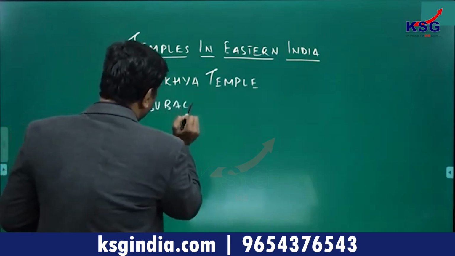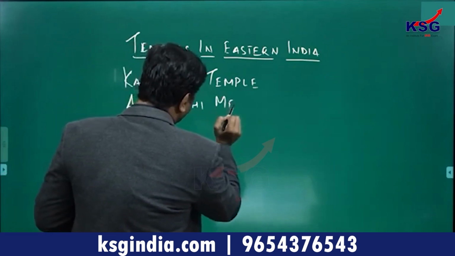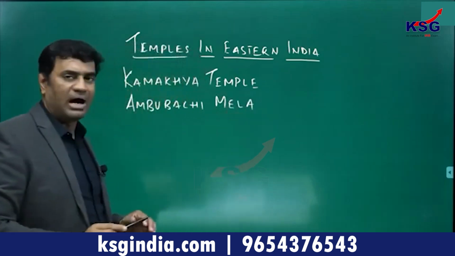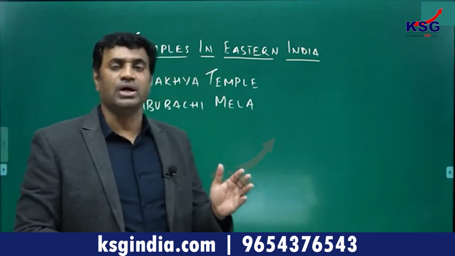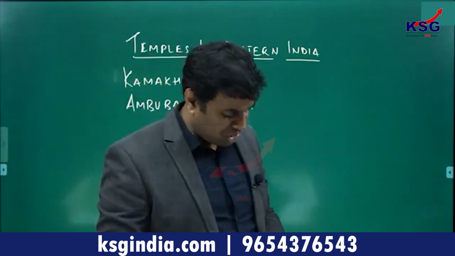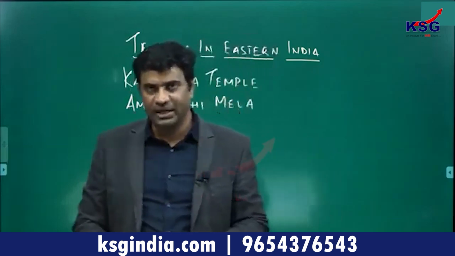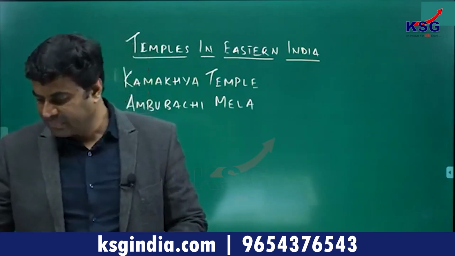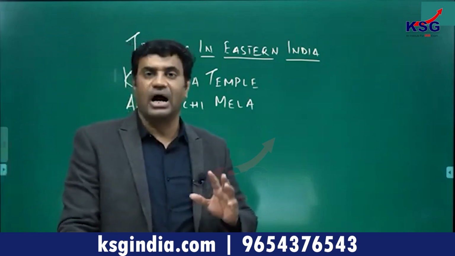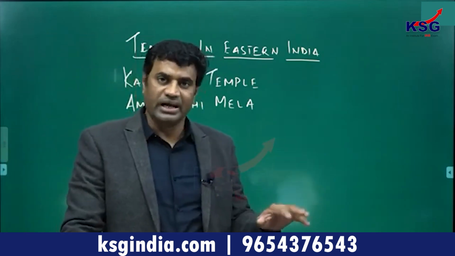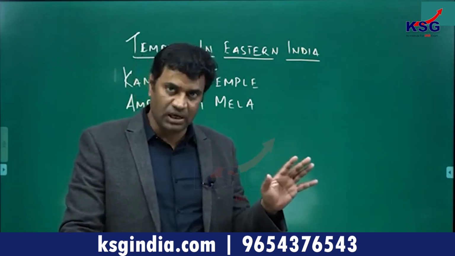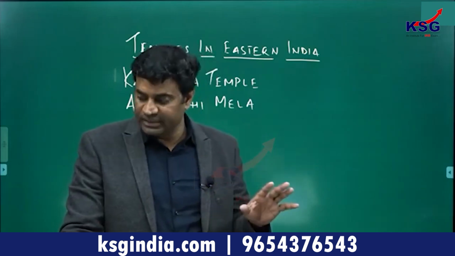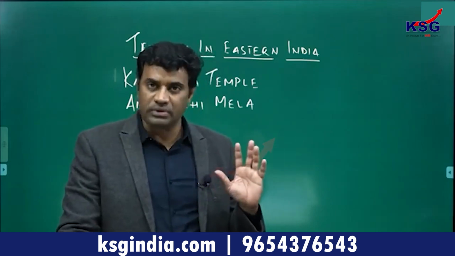It is organized annually, and a large number of devotees go to worship the annual menstruation of goddess Sati. So Kamakhya is one among the 52 sites, and these 52 sites are located not only in India, even beyond the Indian frontier, and these all are very holy places for the members of the community.